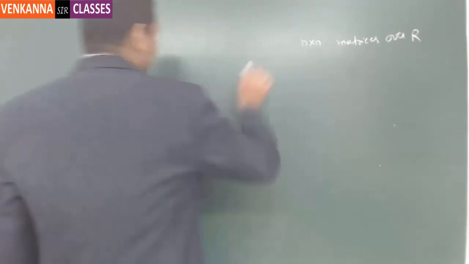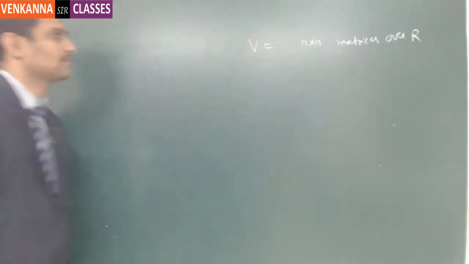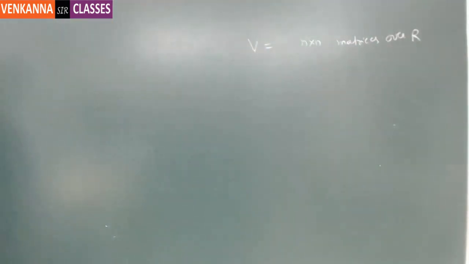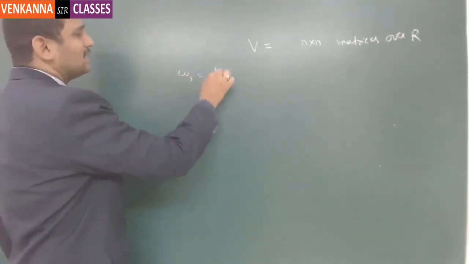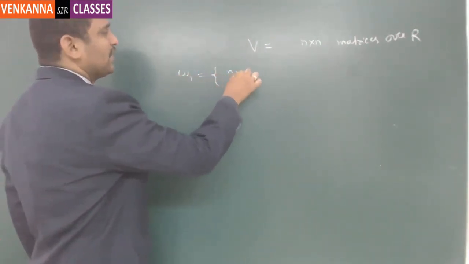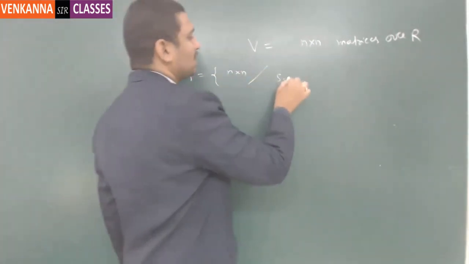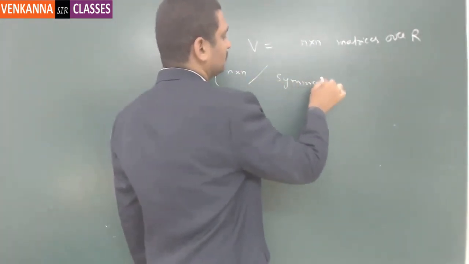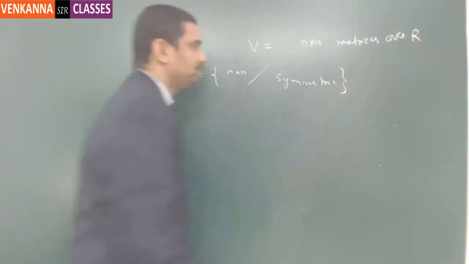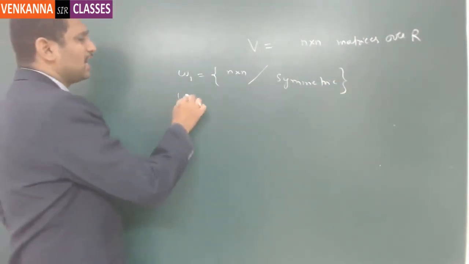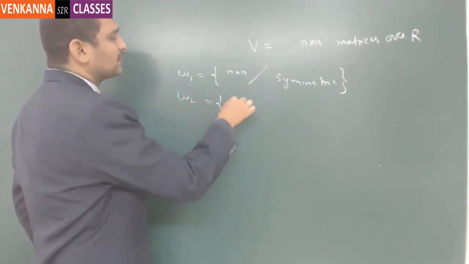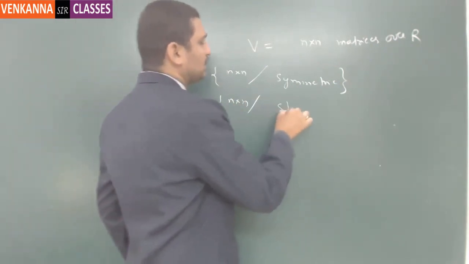Say this is the vector space V. Now what happens? You consider W1 as all n by n square matrices which are symmetric, and you consider W2 as all n by n square matrices which are skew symmetric.